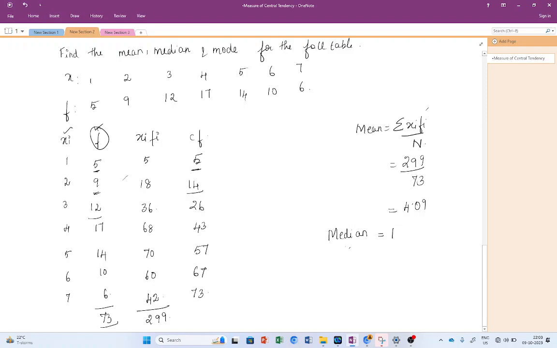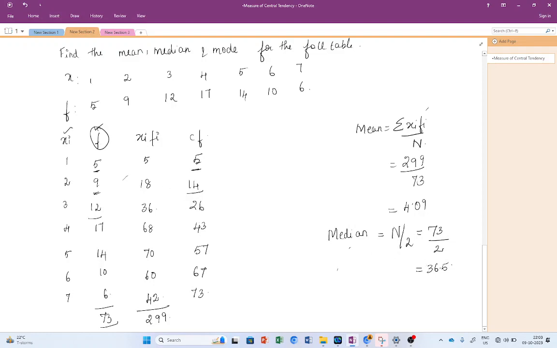So n by 2 is nothing but, your n is nothing but summation of fi. It is 73 by 2. 73 by 2 is 36.5. So now after you find n by 2, you have to check in the cumulative frequency table which is the value which is greater than 36.5.